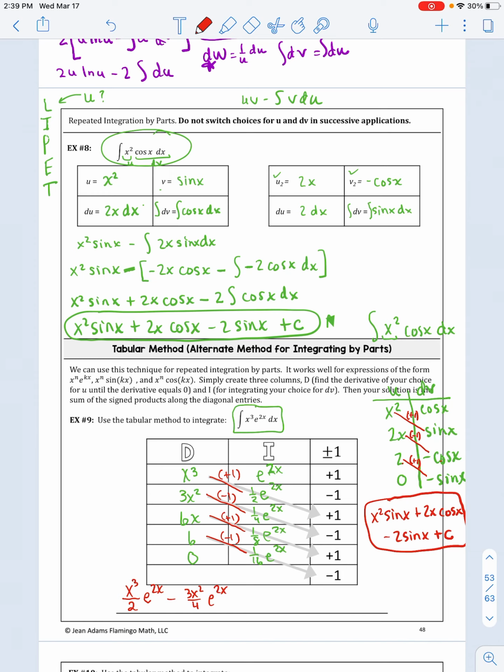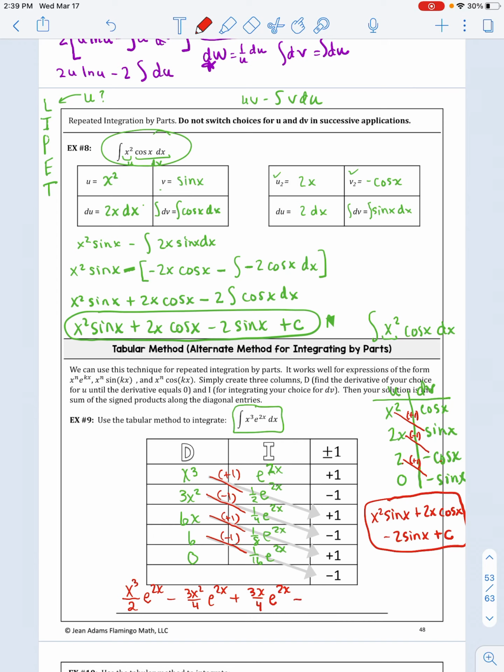And then this one, I would reduce that 6/8. So the 6/8, and when I look, they're all positive. So that's going to be 3/4. So that's 3x over 4 e to the 2x.